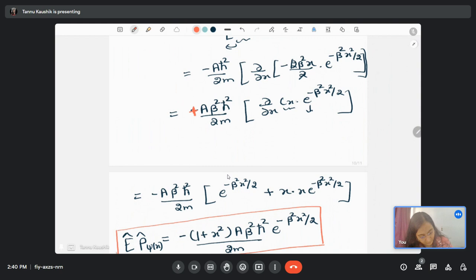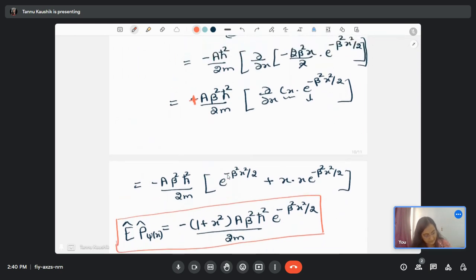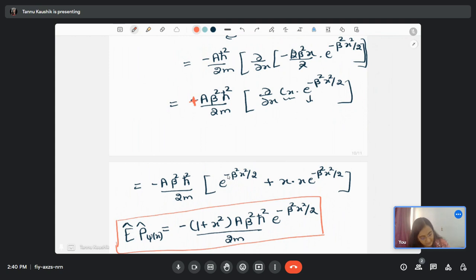So here we will get beta square. Taking this minus sign here, so it will become plus. And here we will have beta square also. Yeah, beta square I have already taken out.